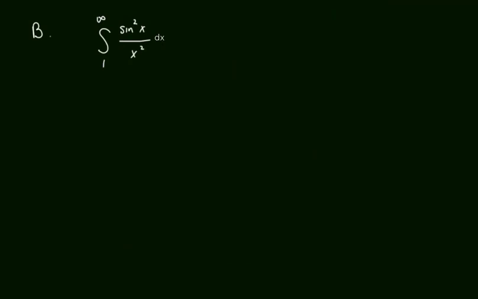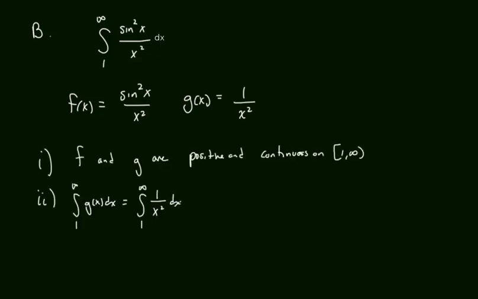Final example, B, we're going to prove whether or not this converges or diverges using the direct comparison test. So we'll start off, f of x, sine squared x over x squared. G of x, the skill, hopefully you see this as 1 over x squared. Okay, let's write this out. First part is standard. F and g are positive and continuous on 1 to infinity.